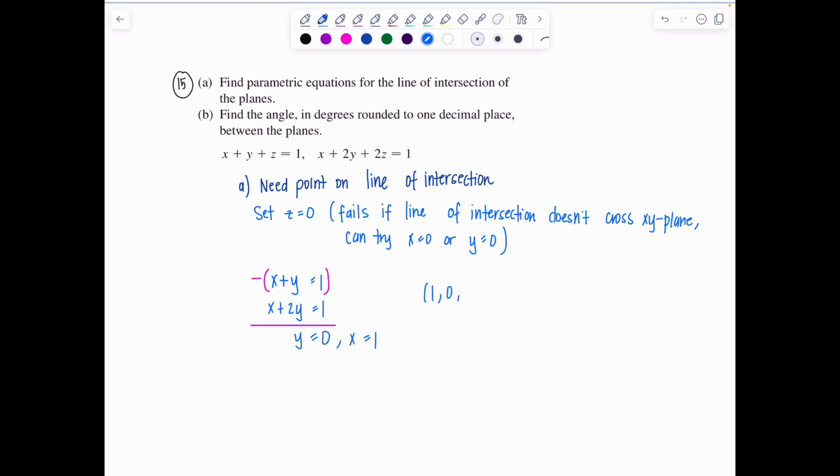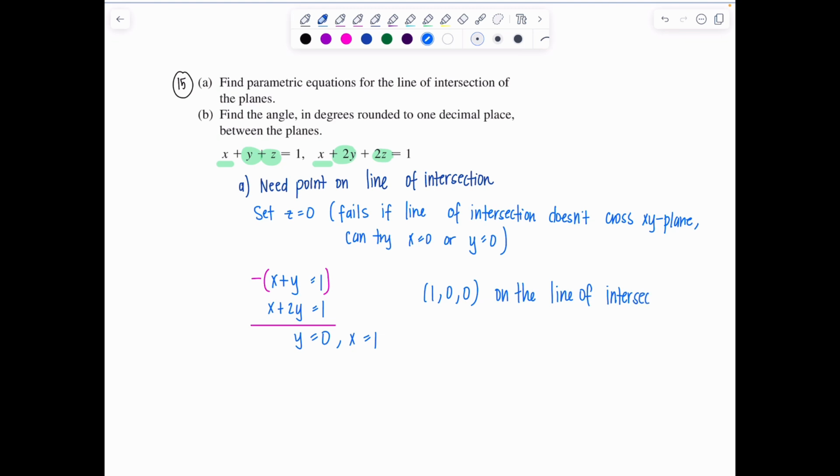So the point 1, 0, 0 is on the line of intersection. You probably could have just guessed that. Like, look, in your head, if you just go 0, 0, 0, 0, boom, x is 1. Some people are better at spotting stuff like that. But if you're not, just go through this process. Okay, so yay, 1, 0, 0 is on the line of intersection.